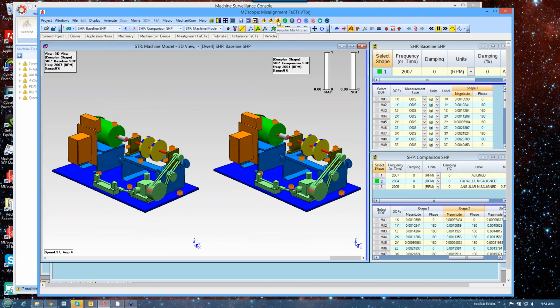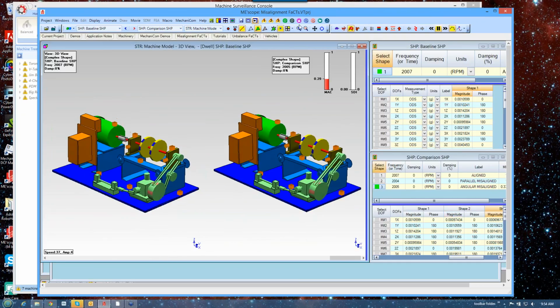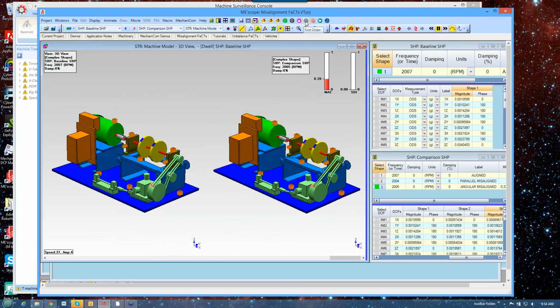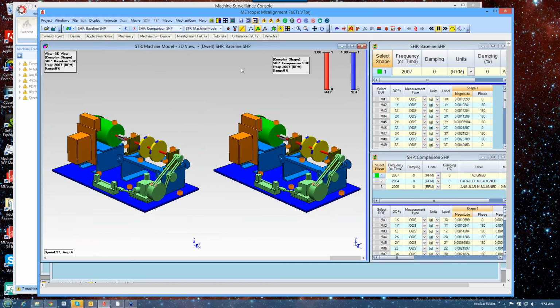Well, I'm not seeing what I expected to see. Let's go back here and see. Okay, so there they are. Now let's go to base plate. And let's look at the parallel misalignment. Okay, there's what I expected to see.